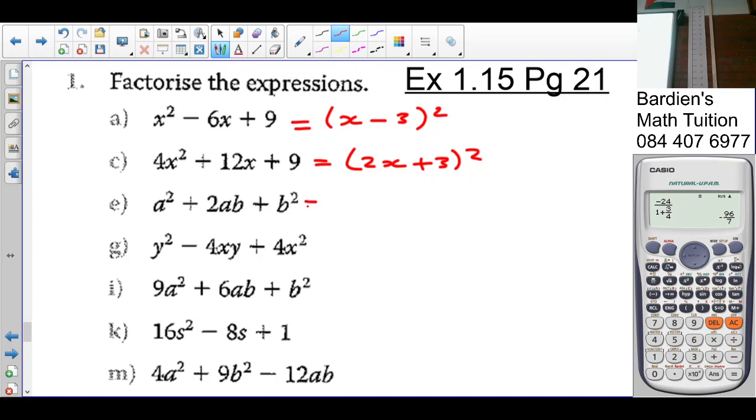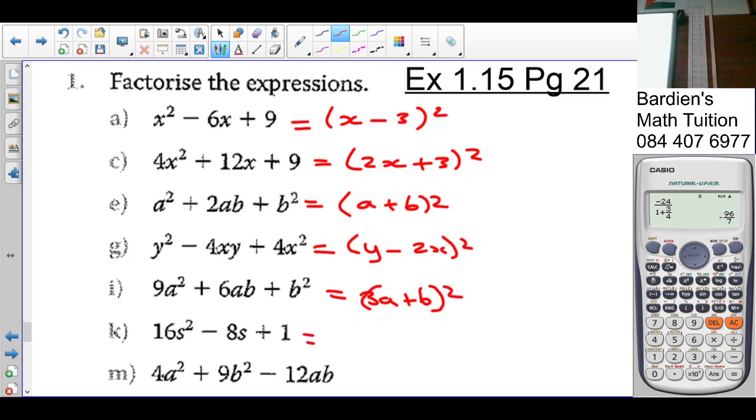Yes. The next one is going to be a plus b squared. Correct? The next one is going to be y minus 2x all squared. The next one is going to be 3a plus b squared. The next one is going to give you 4s minus 1 squared.